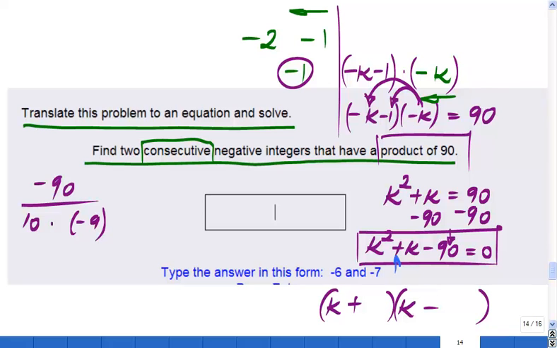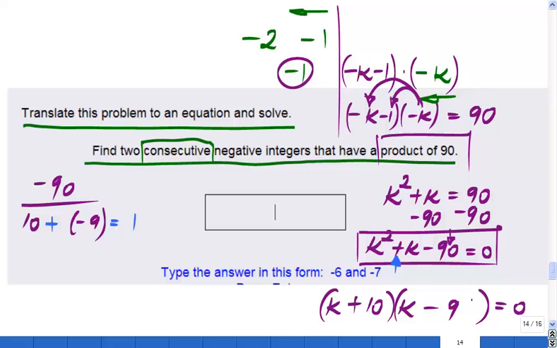Now I will check the middle term here. That's positive, and I know that 10 will be positive here and not negative 10 and 9, right? Because 10 plus negative 9 equals positive 1. So that means I'm good. The factorization of this trinomial k squared plus k minus 90 is k plus 10 times k minus 9 equals 0.